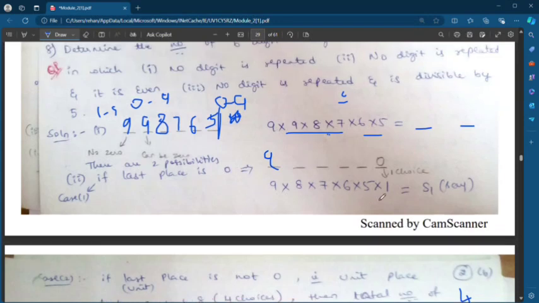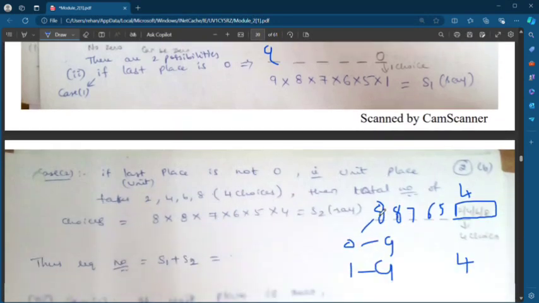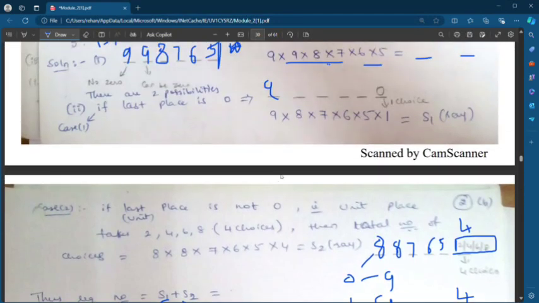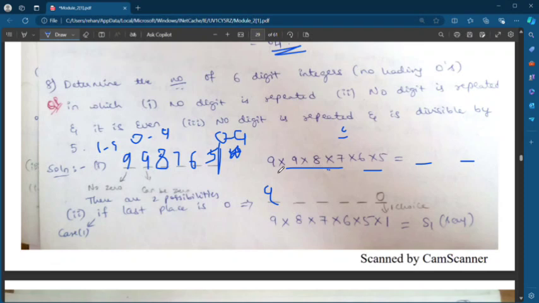What you multiplied here, take that as one number, and the multiplication value here is the second. So I am taking this as S1 and this as S2. If you add the values, what you get you have to write here. Let me calculate on my calculator. I have 9 into 9 into 8 into 7 into 6 into 5, which gives me 136080.